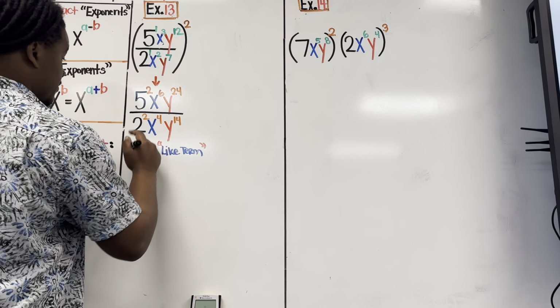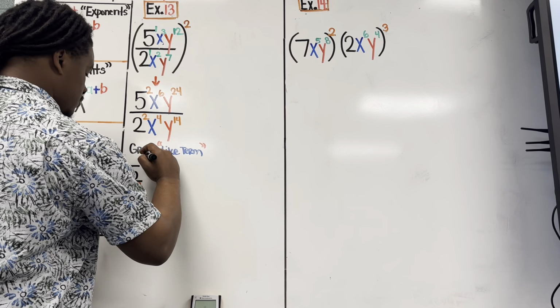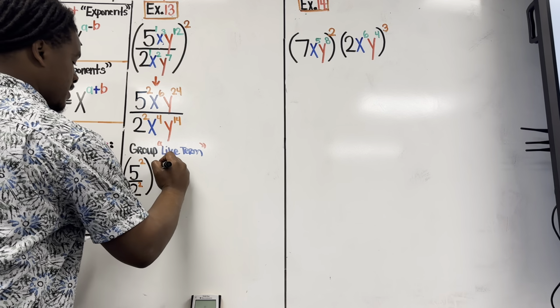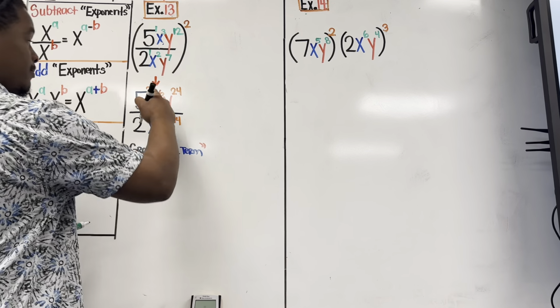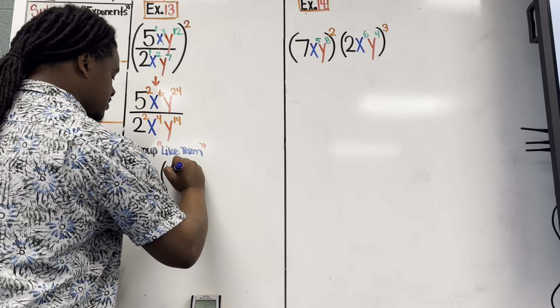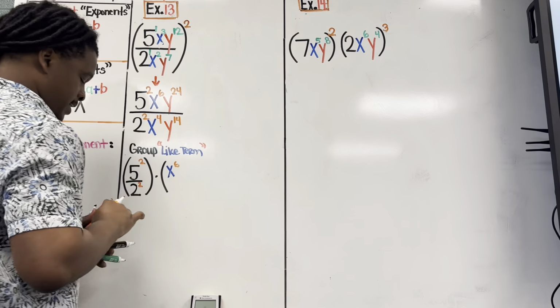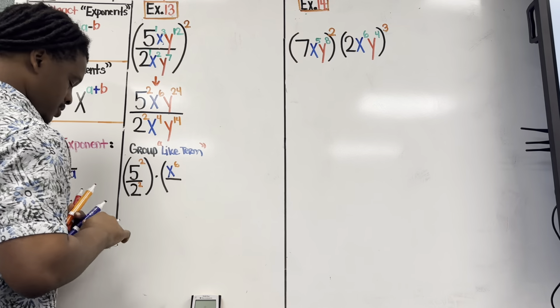I'm going to do the coefficients first. So I'm going to have 5 squared, or 5 to the second power, over 2 to the second power. Then over here, it's going to be times. I'm going to put that in its own group, or its own parentheses. Then secondly, I'm going to do the x's. I'm going to have x to the 6th power over x to the 4th power.